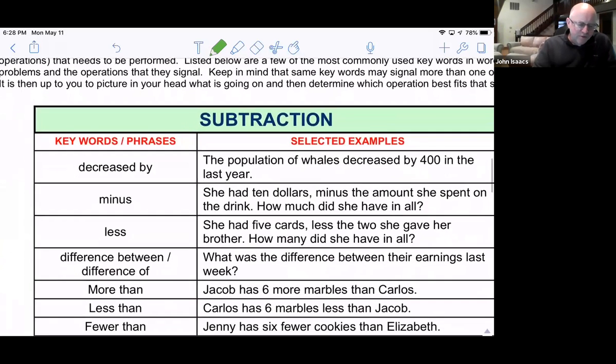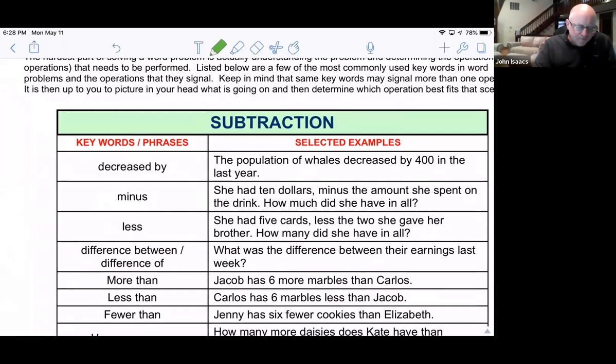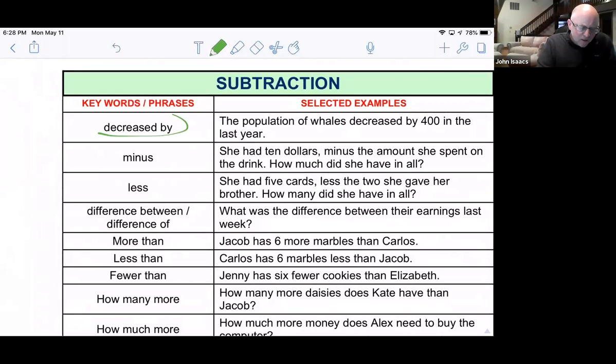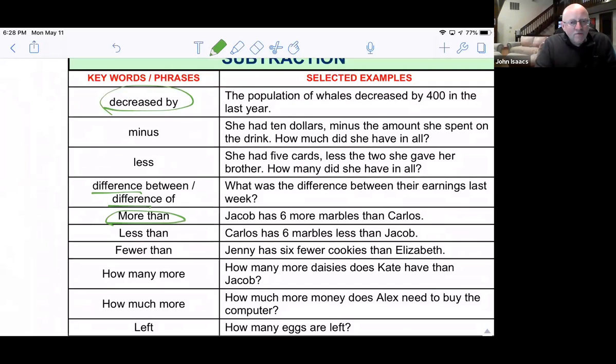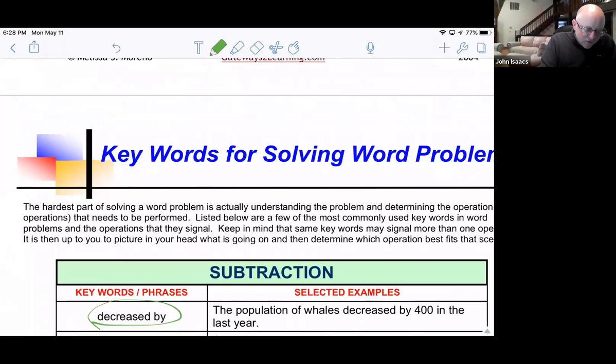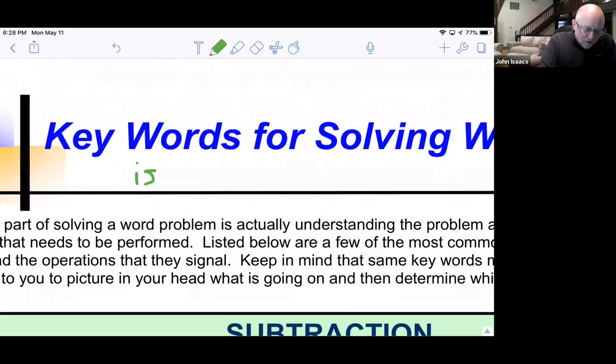So subtraction, we have decreased by. That's a big one. Minus is kind of obvious. Here's that word difference. That's the result of subtraction. More than, now not to be confused with is more than. Okay, maybe I should even put that up here. Is more than is kind of the same as is greater than, right?